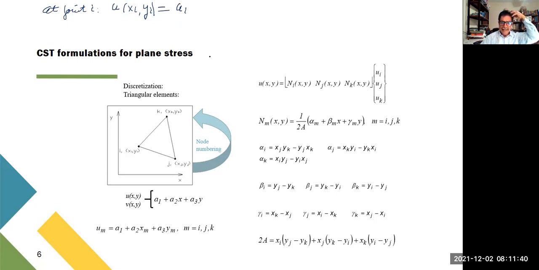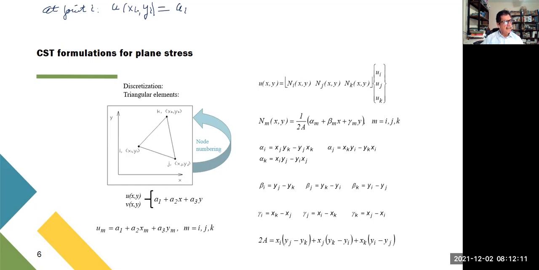Remember, discretization means that instead of trying to find continuous values of U, I try to find only three: UI, UJ, UK. And inside this element, I assume an interpolation.